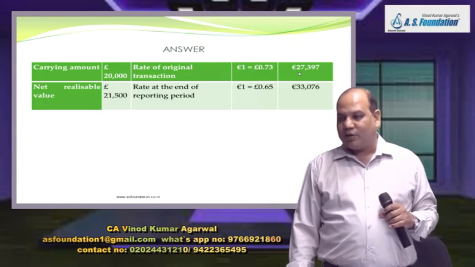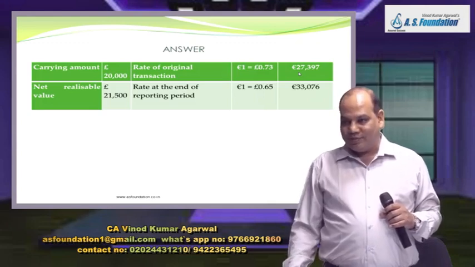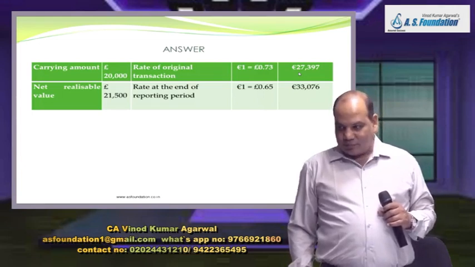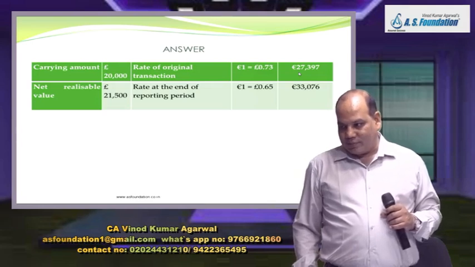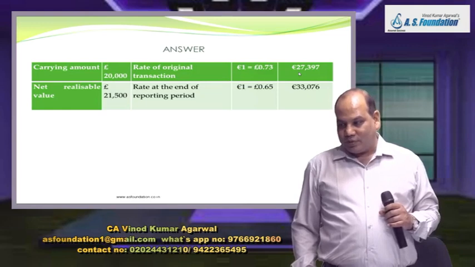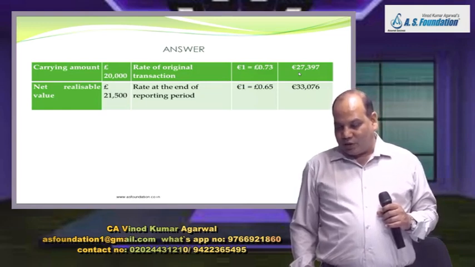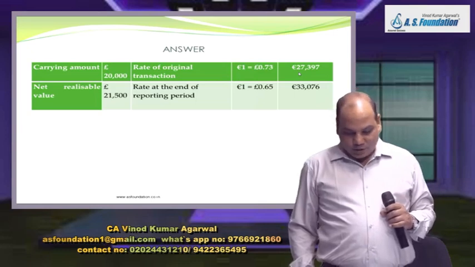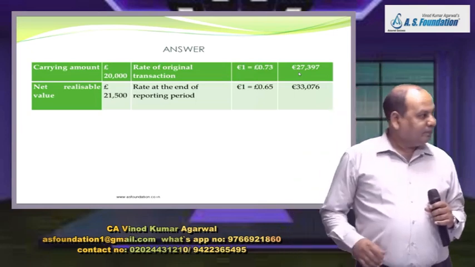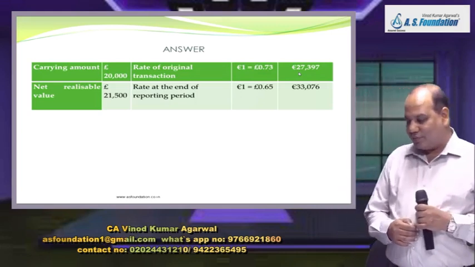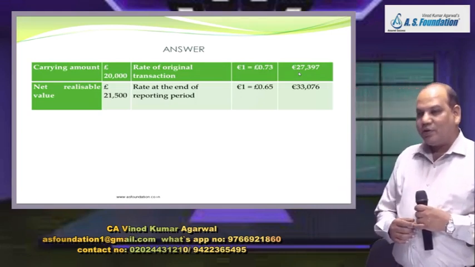Oh, some people are clean bold. They multiplied. Pound is expensive, so more euros will be required to get a pound. Is it right? So did you get 27,397? And 21,000 pounds is equal to how many euros? 33,076 euros.